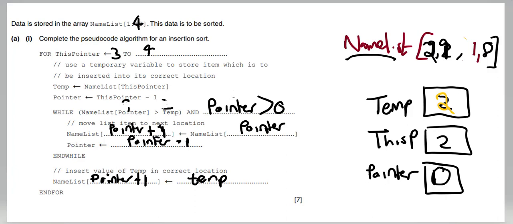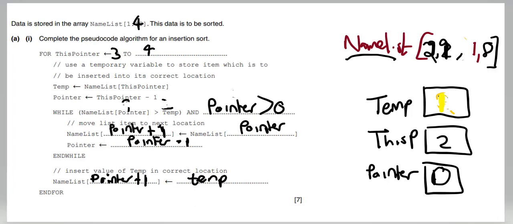Okay, so what do we have now? Well, temp will equal nameList this pointer, so temp is going to become the value of whatever's in position 3. So 1, 2, 3, it's going to become 1. Nice and easy.